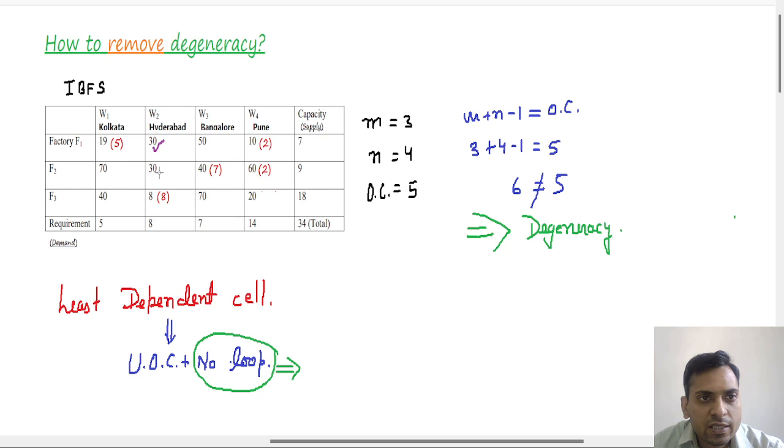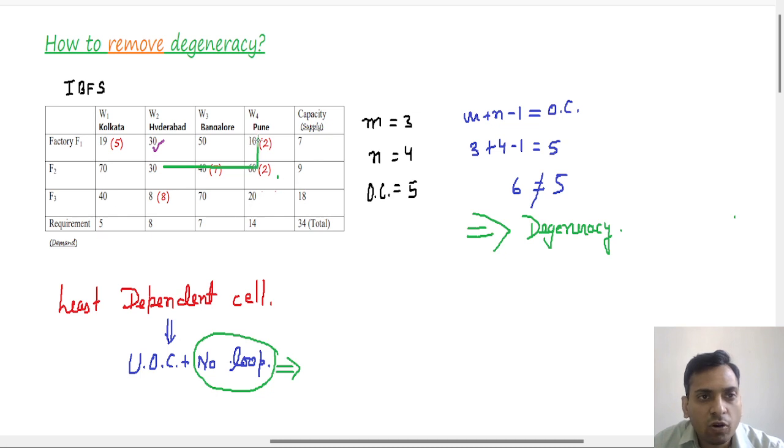Now we will try for this 30. The first location is this, but no movement in vertical or horizontal direction with respect to this 8. So we can't create a loop from this direction. Now we will try with this 7. No vertical movement, up and down. So we will try for this 2. Yes, vertical movement is there, so we can try to create a loop from this.